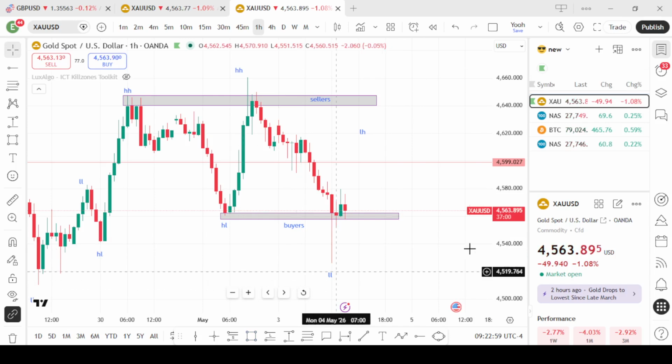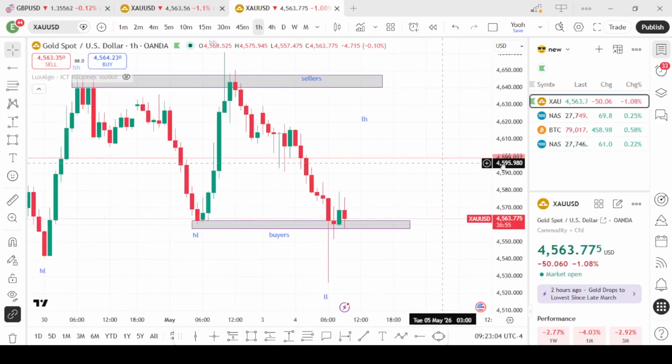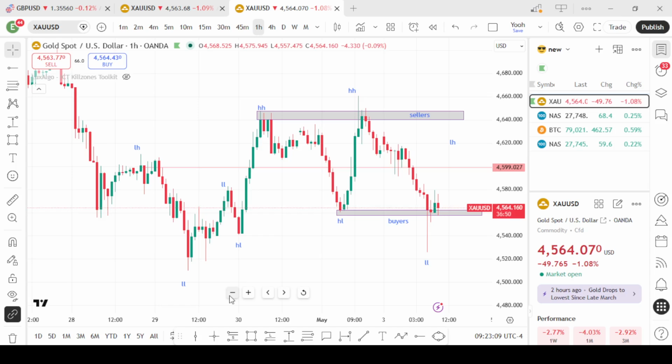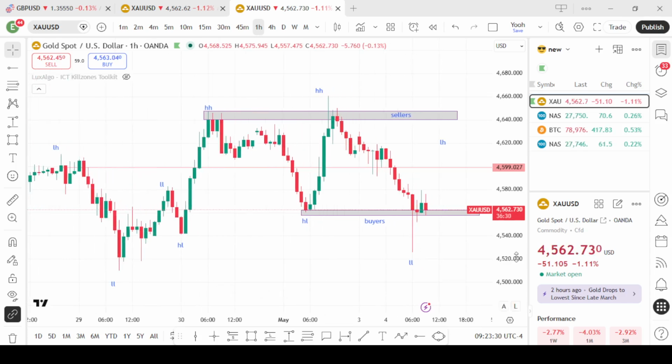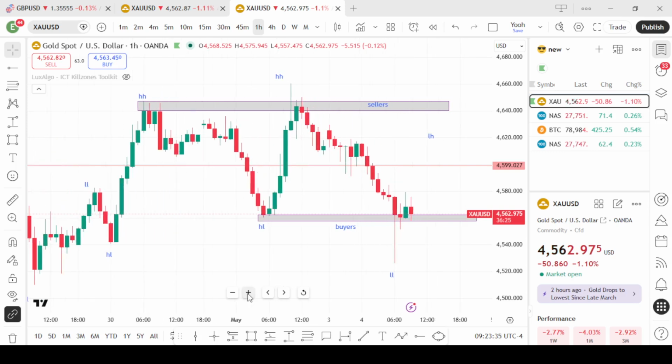Let me just analyze what I can see, not what I anticipate to get. I see lower high. Either way, how you label it doesn't really matter as long as it's visible. You just mark what is visible to you.